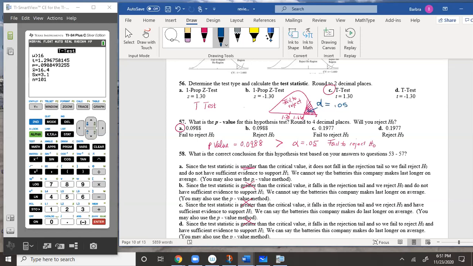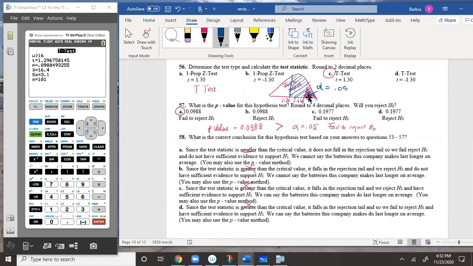It's bigger than that, and it corresponds to a test statistic of 1.3, which is smaller than 1.66, the critical value. I'm really exaggerating here, it's not that far over, but the p-value is bigger than alpha, and the p-value is bounded by the test statistic, which is outside this rejection zone. Since the test statistic is smaller than the critical value, it does not fall in the rejection tail.